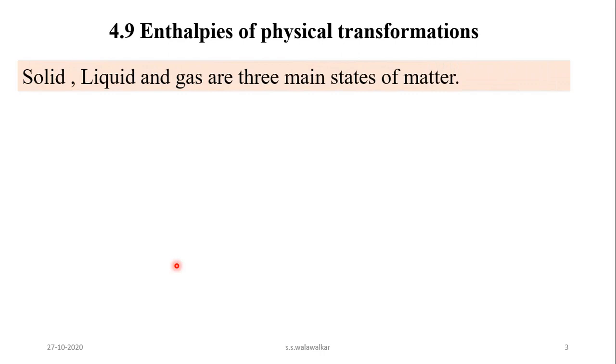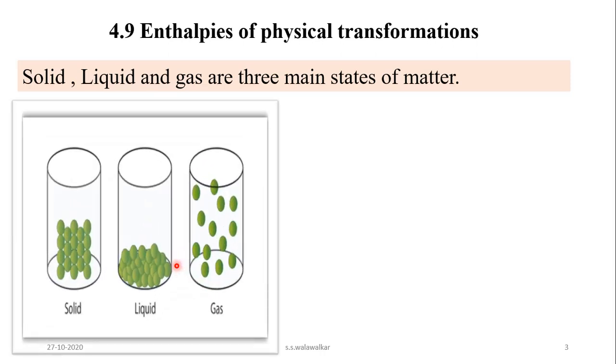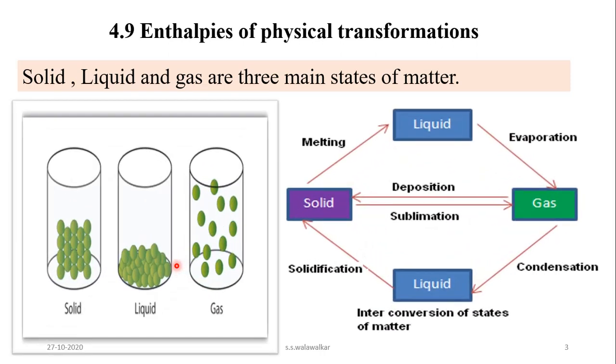So solid, liquid or gas, these are the three main states of matter. Plasma is also there, but these are the three main states of matter, and when these three states of matter change from one state to another, then some heat change takes place. That is called the enthalpy of phase transition.